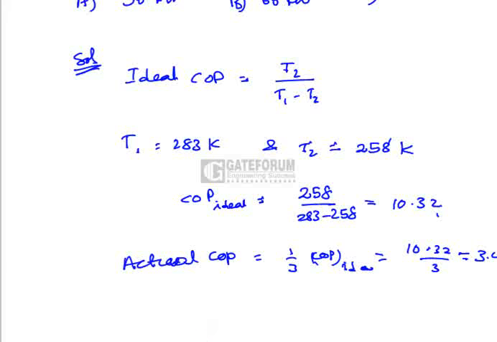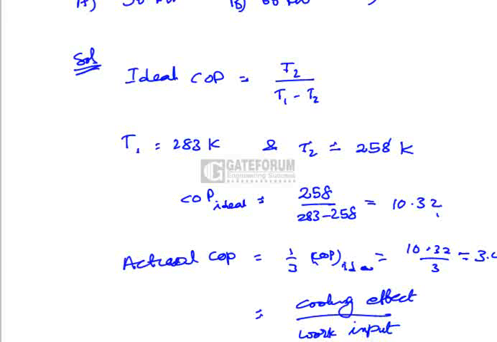And the COP of a VCR is the ratio of cooling effect to power input or refrigerating effect to power input, that is actual COP is equal to cooling effect or refrigerating effect by work input or power input.